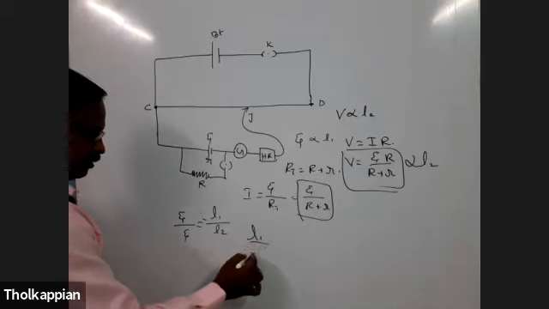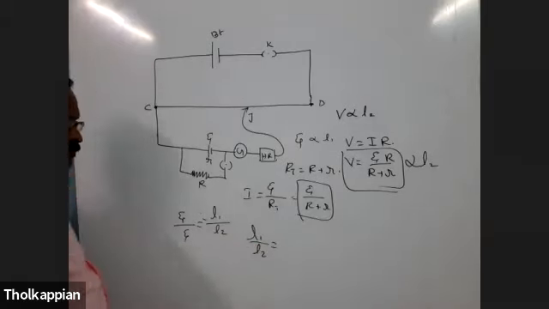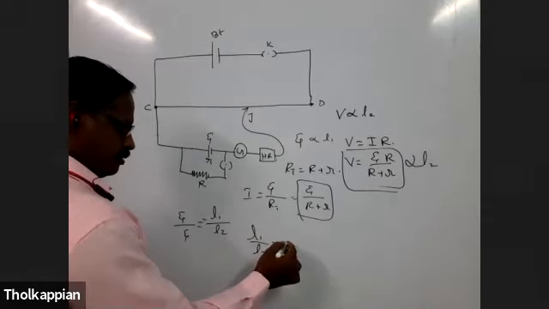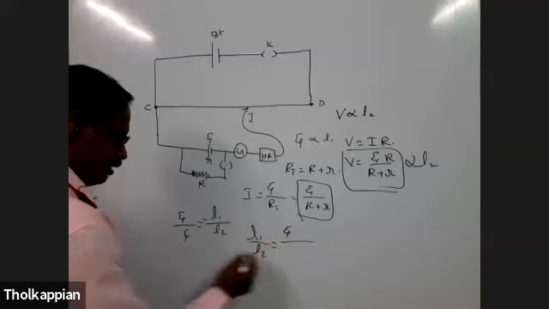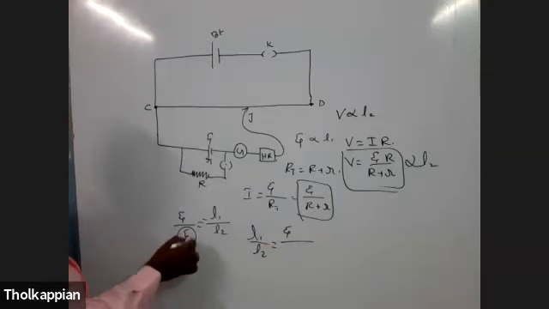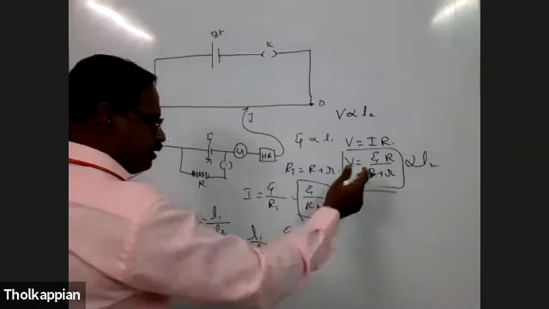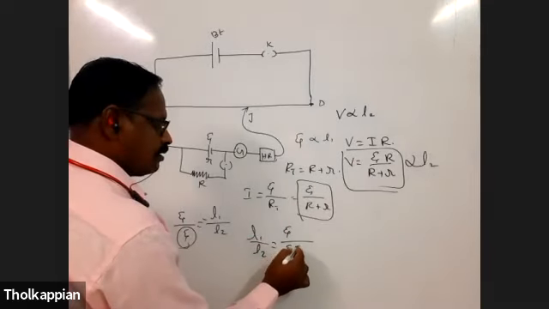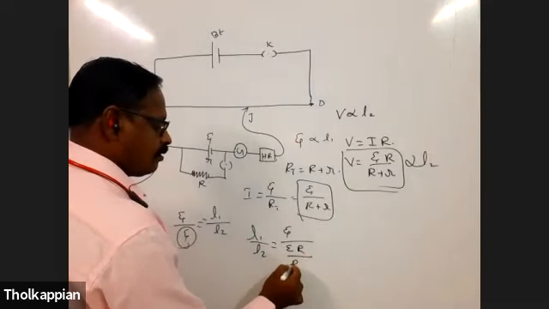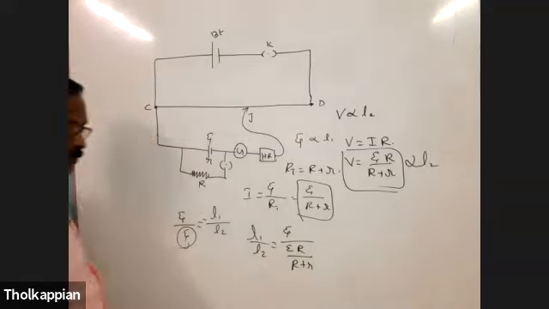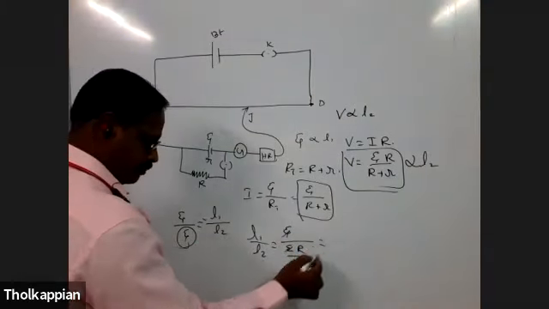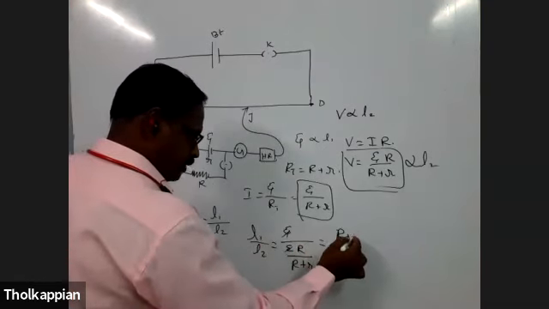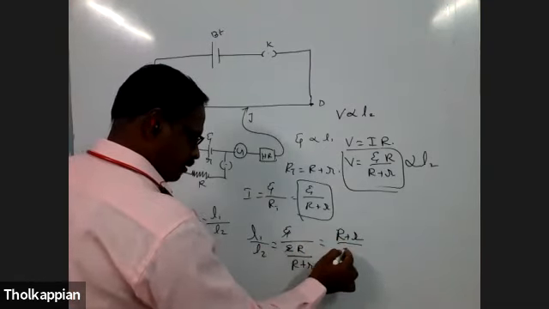So the value of L1 by L2 is equal to what? L1 value you say E, and L2 value you can write as E R by R plus r. Cancel the E and E. So this becomes R plus r divided by R.